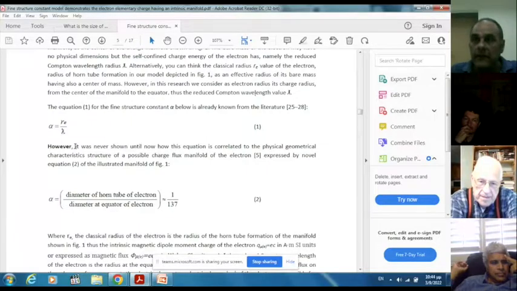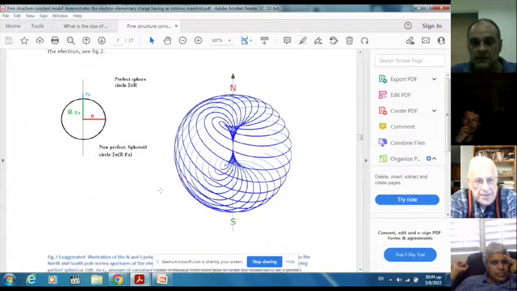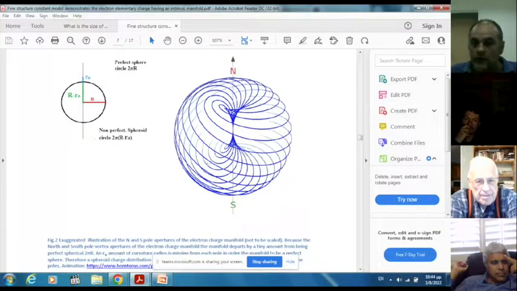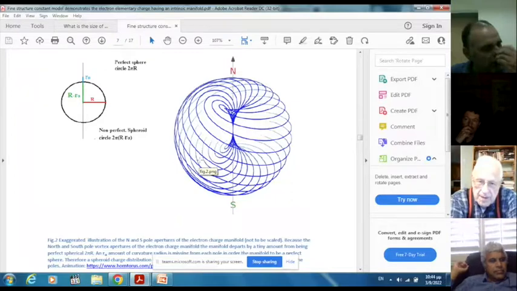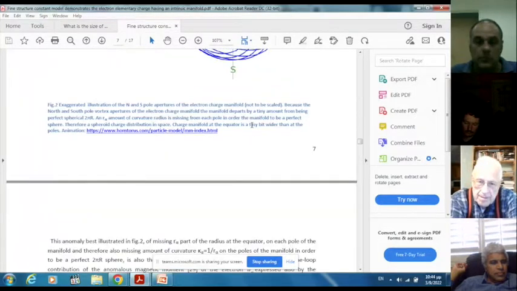But the Compton wavelength in our manifold, in our model, is the circumference. The circumference is the normal Compton wavelength, 2.42 times 10 to the minus 12 meters, and the radius is that divided by 2 pi, which is the reduced Compton wavelength.